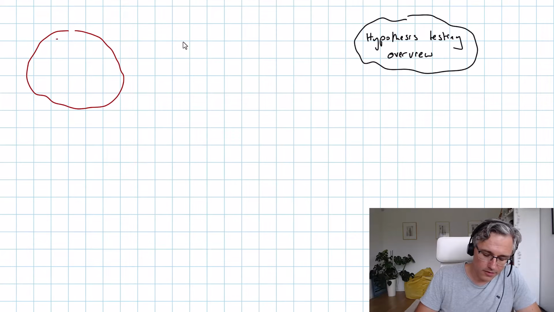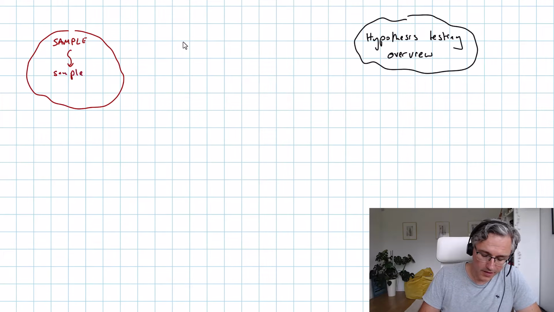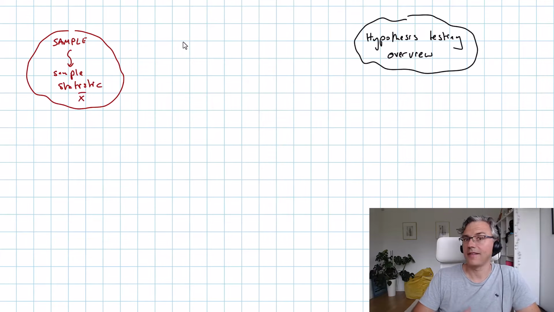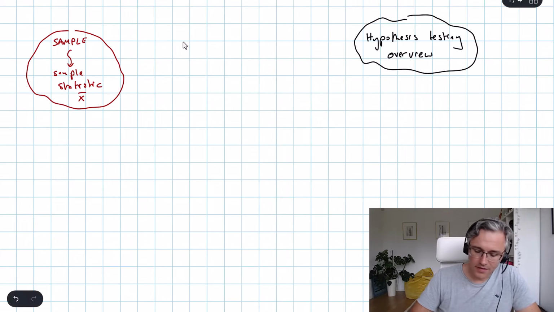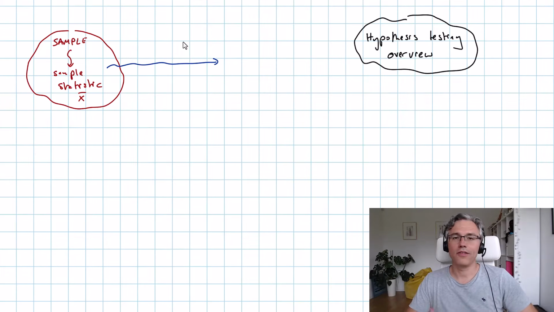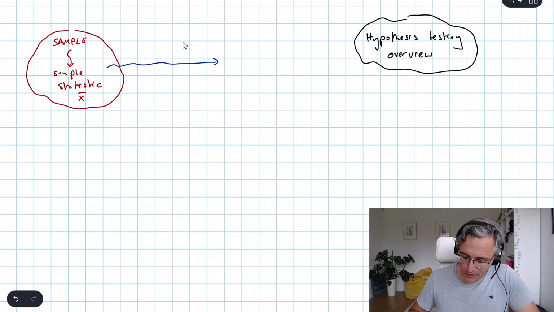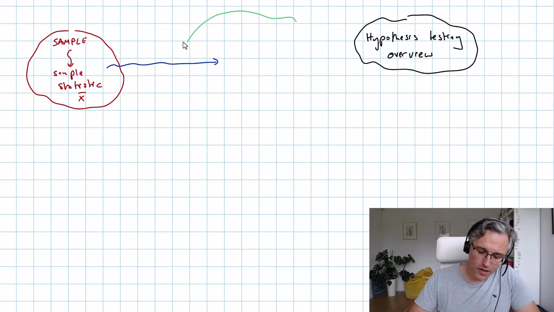The best we can do is get a sample, and based on it, calculate what we call a sample statistic, for example, a mean value, which we typically denote as X bar. And on that basis, we'll try to draw conclusions, inferences. So we want to infer about the population, or the true value of that parameter in the population, the mean of the population, for example.